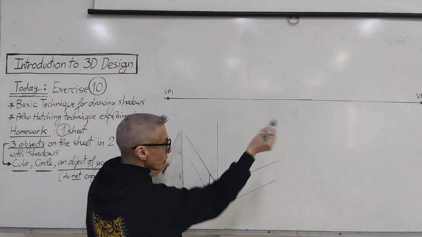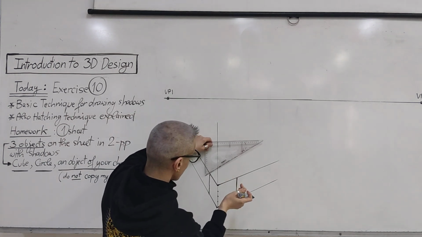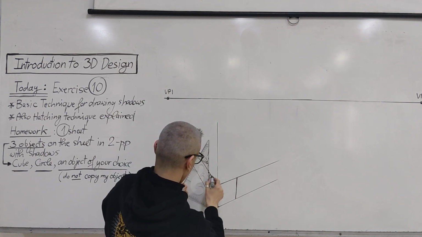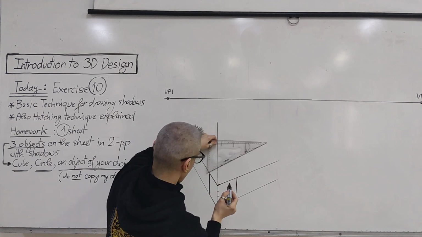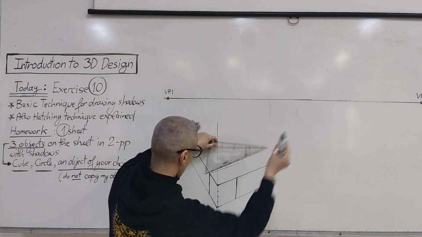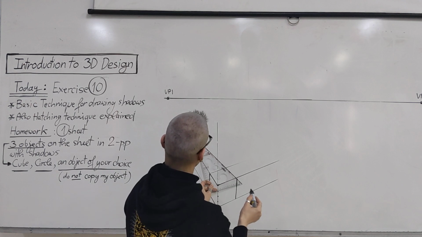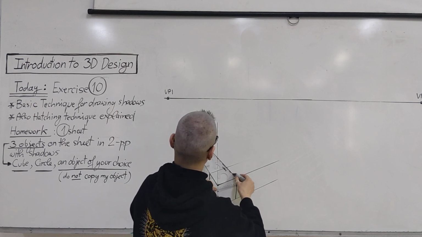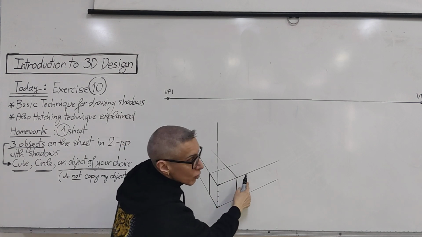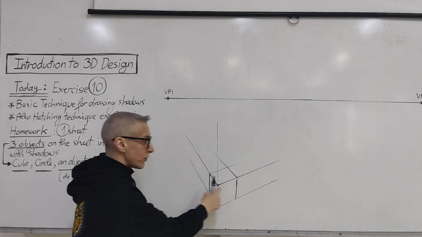Now from this point to the vanishing point, and from this point to the other vanishing point. Okay. Now we have a second cube and a third and a fourth of these sides.